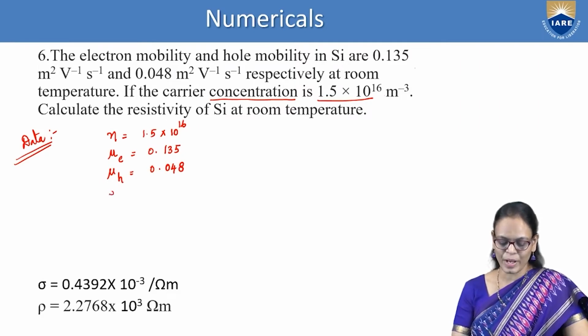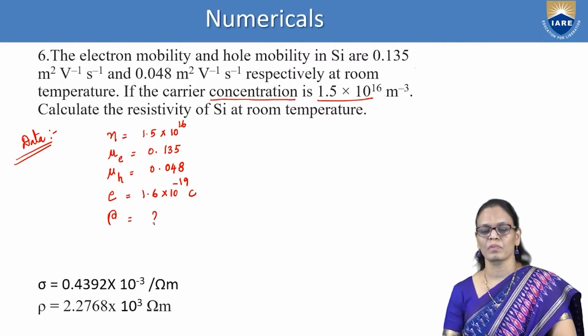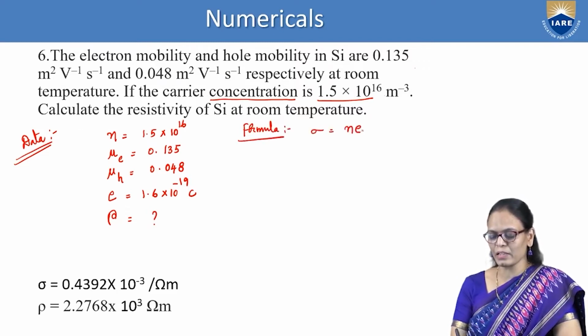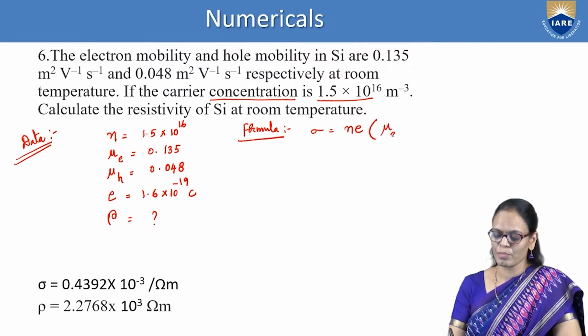We also need the value of E, so I write E is equal to 1.6 into 10 power minus 19 coulomb. We have to find the resistivity, rho. So use the formula now. Sigma is equal to Ne into mu E plus mu H.